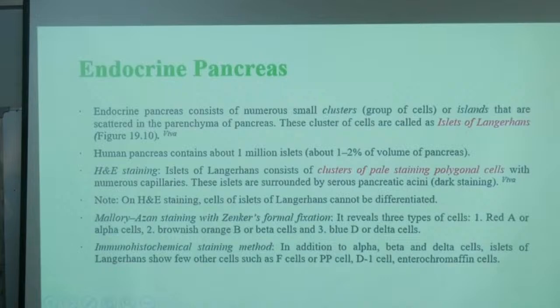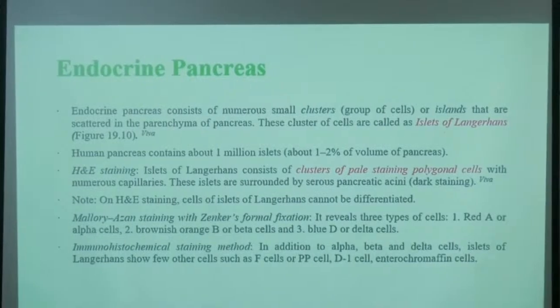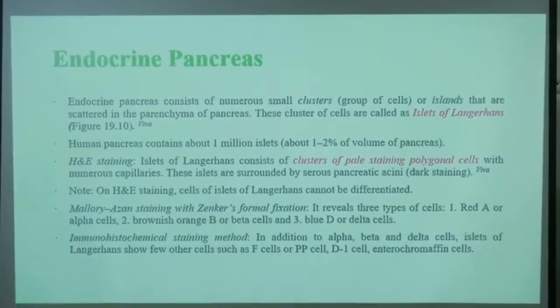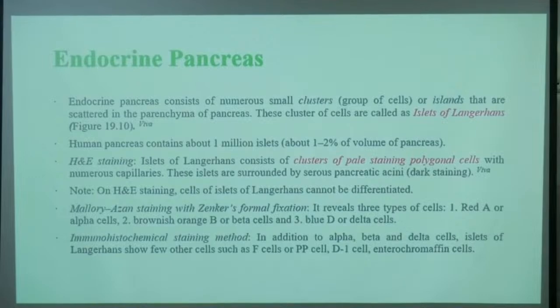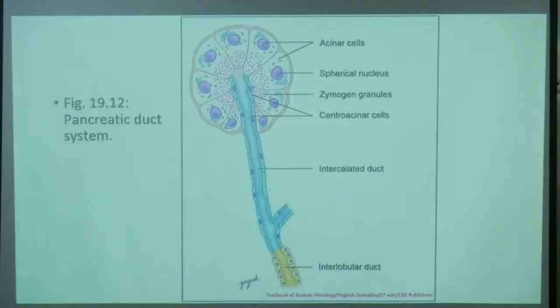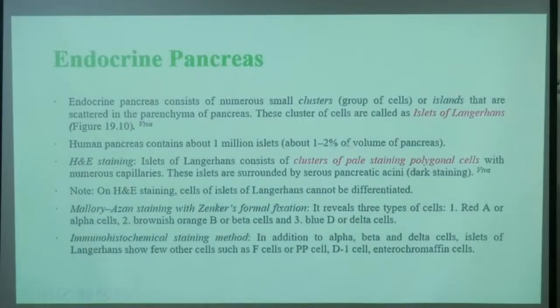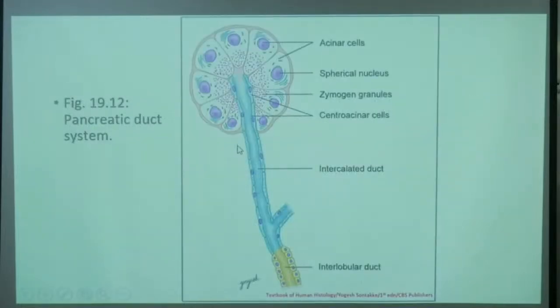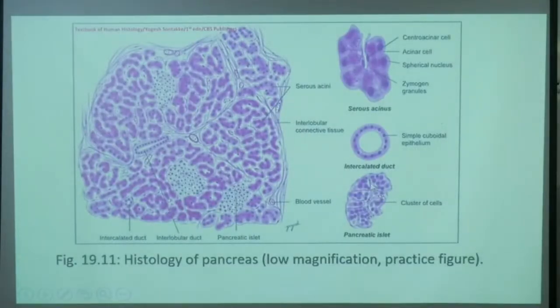Once we look at the endocrine part of this pancreas, we come to the different types of cluster cells. If you zoom into that particular island and magnify this cluster of cells, we will see that the cells present here are not similar.